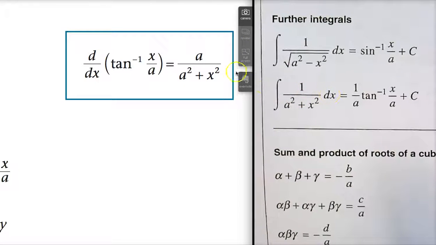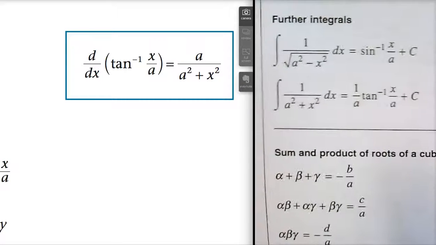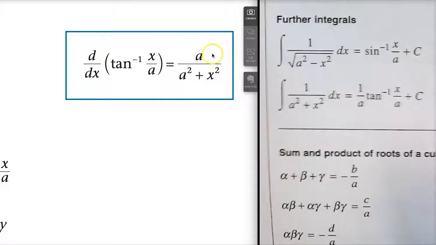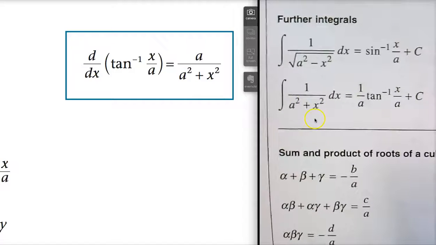We've got, okay, yep, this is fine. You tell me why it's fine. Why that is the same as what's here. Because see this a down here? Where have they moved it? Up there. See this 1 divided by a? This a goes up the top. That's why they've got that.